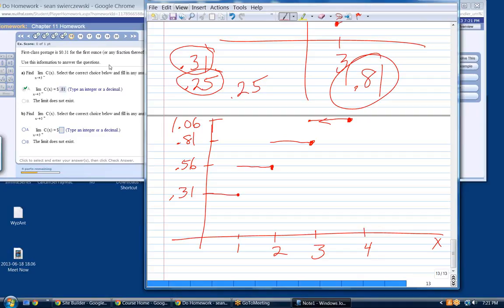If you're between 6 and 7 years old, you're in this class. If you're between 7 and 8 years old, you're in this class. So, similar situation. So when you look at it graphically, it becomes much more obvious why approaching from the right is 1.06 and approaching from the left is 0.81.